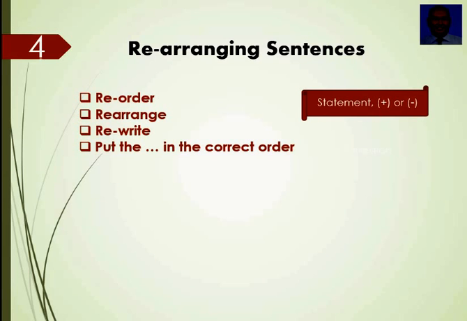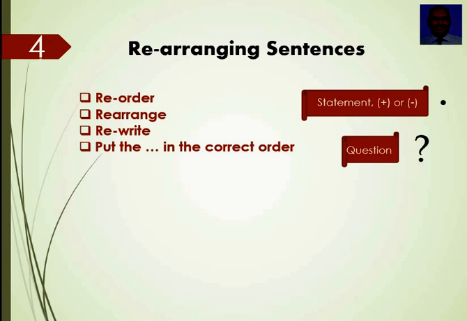We need to consider if the sentences that we have are statements, positive or negative, using not. And in this case, what we do is just look at the end of each item. Does it end with a full stop, a period? Okay, now it's a statement. What if it is a question? You should see this question mark.